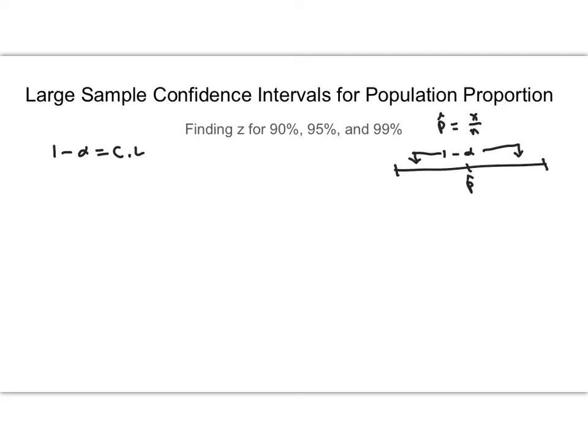So if we wanted to have a 90% confidence interval, then 1 minus alpha would equal 0.9, which would mean that alpha is 0.1.